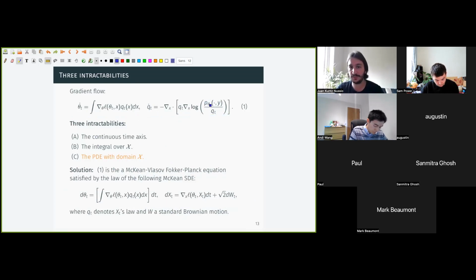The only difference really is that this is changing over time. So our posteriors are moving over time, and you get that by having this drift term that changes over time. So in short, if Qt is the law of Xt and Xt satisfies this equation here, Qt will satisfy that equation.